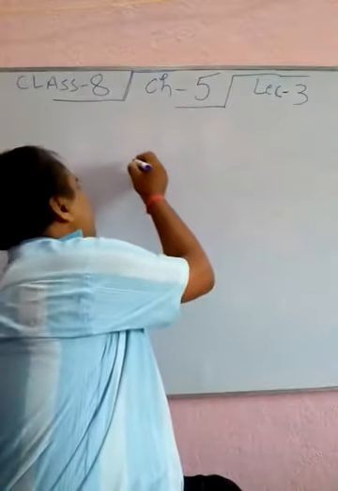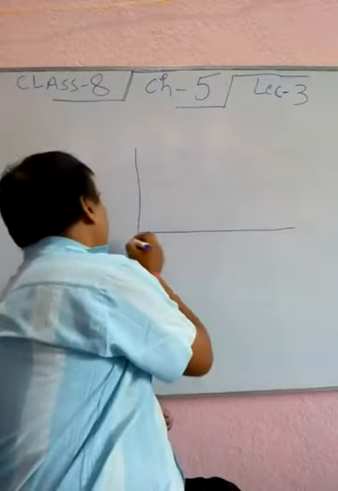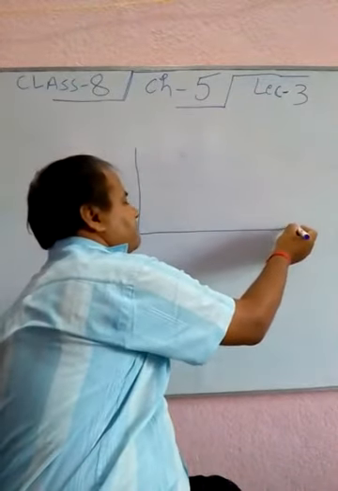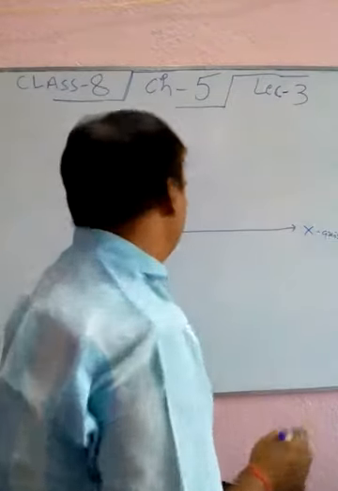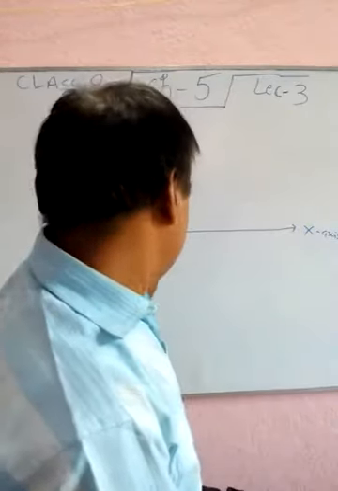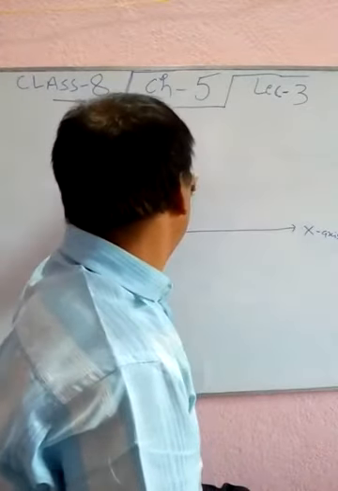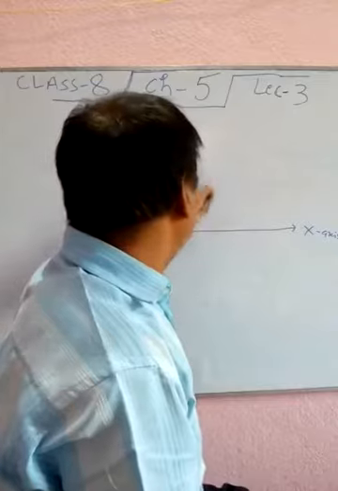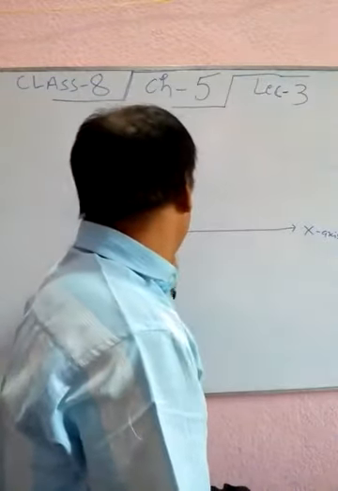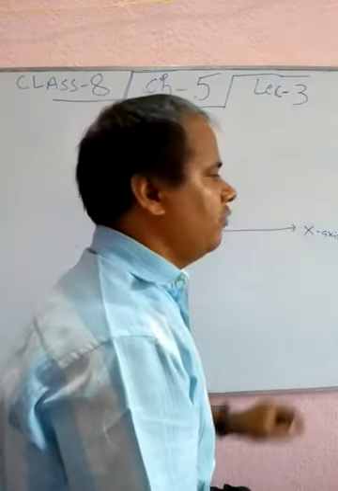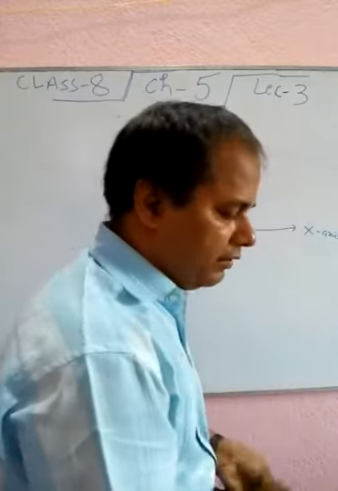Here on the x-axis, at equal distance you have to plot rectangles of equal width. The width of the rectangles should be equal, and the gap between the bars should also be equal.